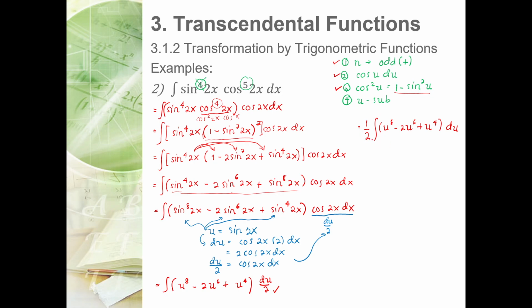Now we can integrate. So you have 1/2, and distribute 1/2 to each term of the integration: u to the power of 9 all over 9, minus 1/2 times 2 times u to the 7 all over 7, then plus 1/2 times u to the 5th all over 5, plus c.